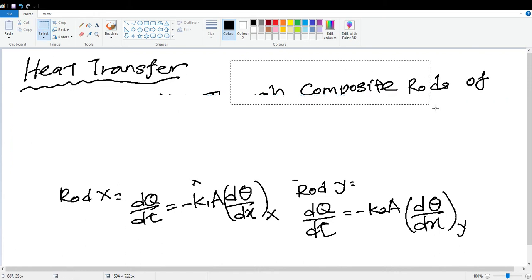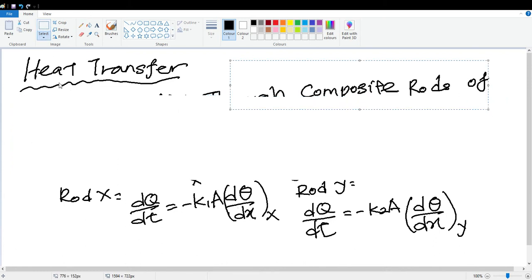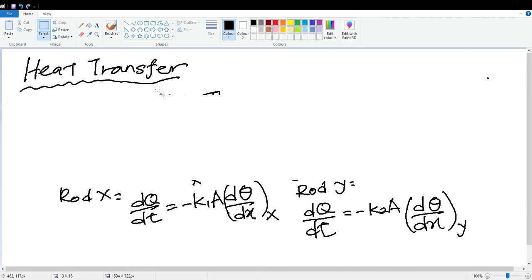When all of them are kept in touch, as we discussed in the previous part, the temperature will be varying at every point of all the rods and objects. It varies at the first second, the second second, and the third second.